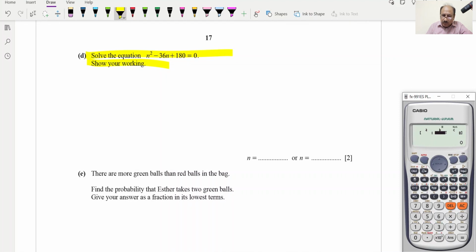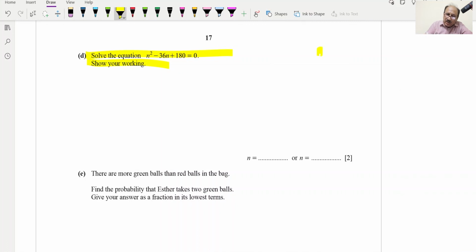So the coefficient of n squared is 1, the coefficient of n is minus 36, and the constant value is 180, so 30 and 6. So we can write here 30 and 6. So we will change sign and utilize these numbers, and we can write keeping this gap.